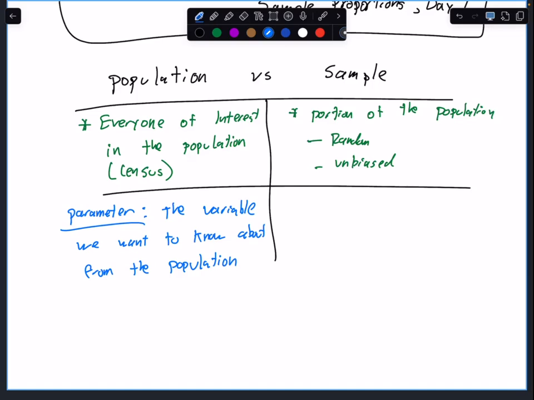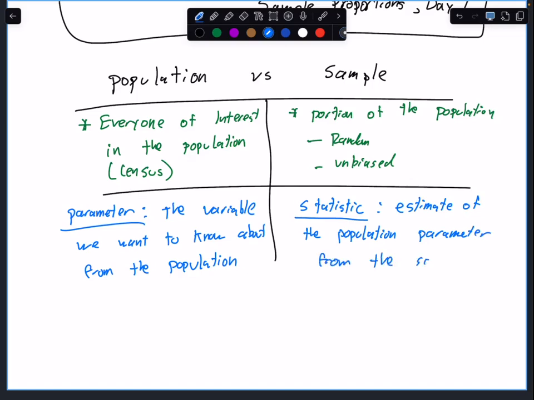What we can do is take a sample, and therefore we look at what's called a statistic. And a statistic is the estimate of the population parameter from the sample.